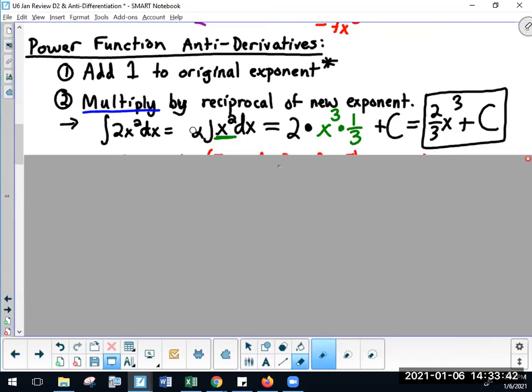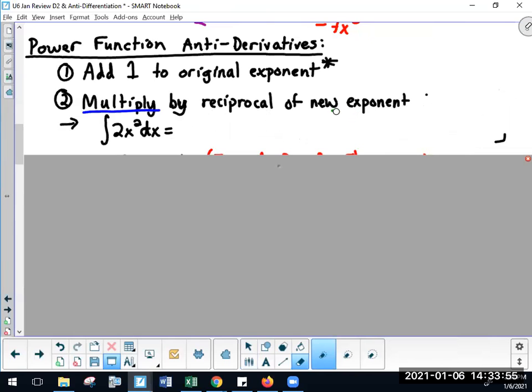So what happens? That's what you may be wondering. Well, let's look at the antiderivative of 2x squared to get an idea of what's going on. All right, so this will be a little bit quick here. One thing I would like to remind you of is we can factor out that 2.